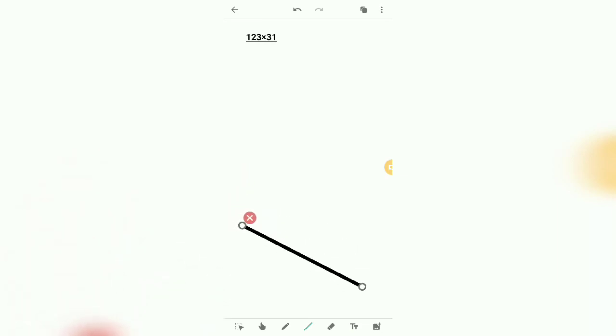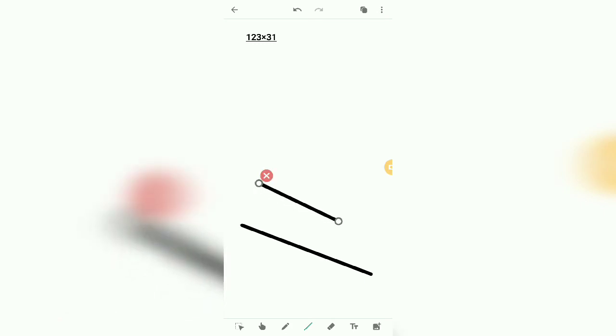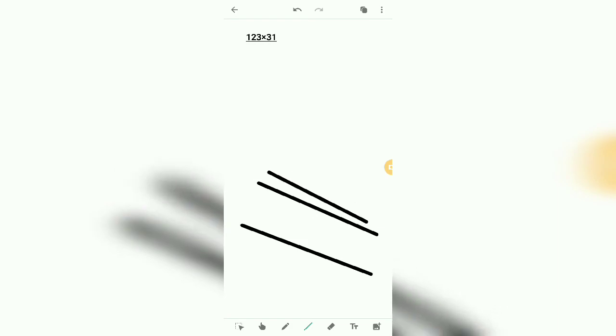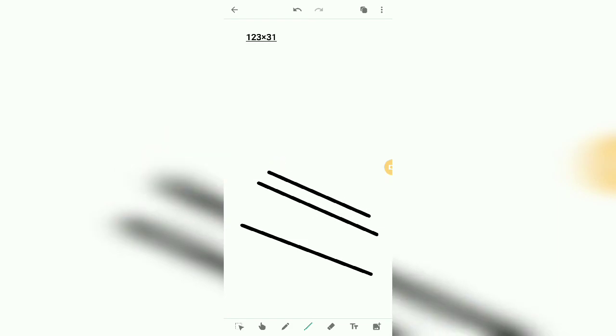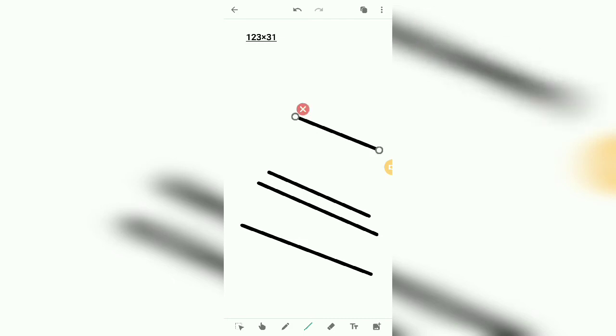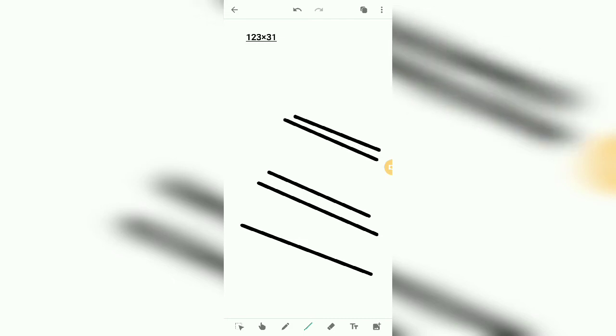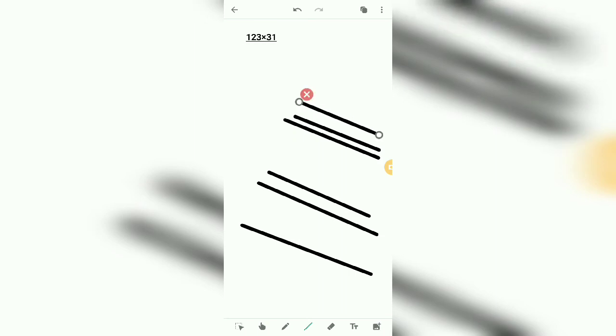It should come down a bit. Then 2. Leave another space. 1, 2, and 3. I think it would be advisable to extend this a bit, but never mind.